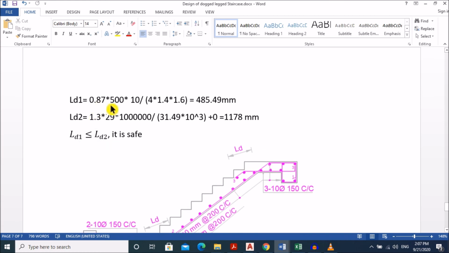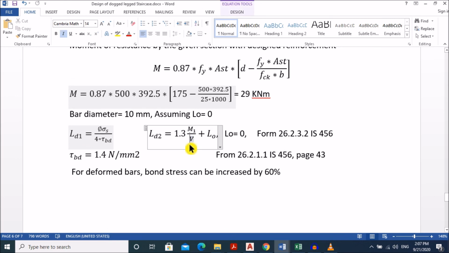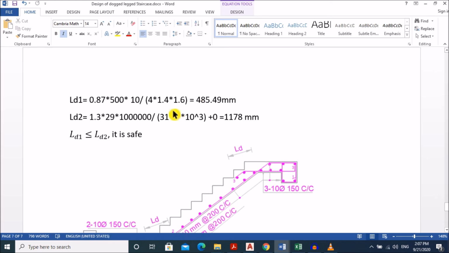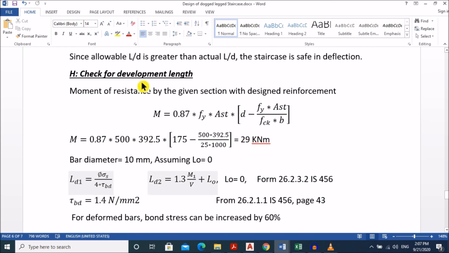Now LD1 equals 0.87 times 500 times 10 by 4 multiplied by 1.4 multiplied by 1.6, which gives 185 mm, and LD2 equals this equation 1.3 M1 by V. M1 equals 29 kilonewton meter. V is the maximum shear force value. L0 is 0, and that gives 1178 mm. Since LD1 is less than LD2, it is safe for development length or anchorage length.